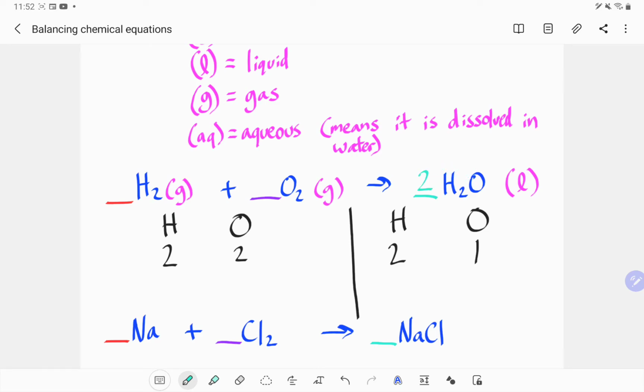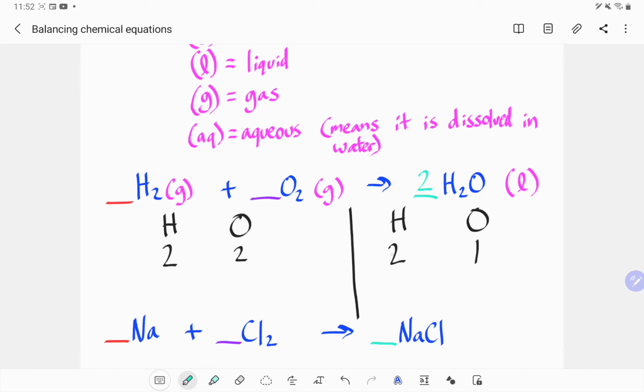So I'm going to put a 2 here, and every time I change the number written in front of an element or compound, I'm going to recalculate the total number of each element on that entire side of the equation. So here I changed the number, so on this entire side of the equation, I'm going to recalculate everything.